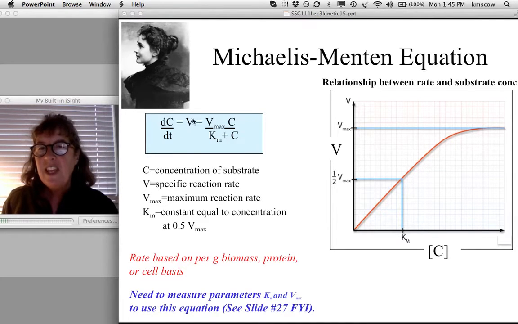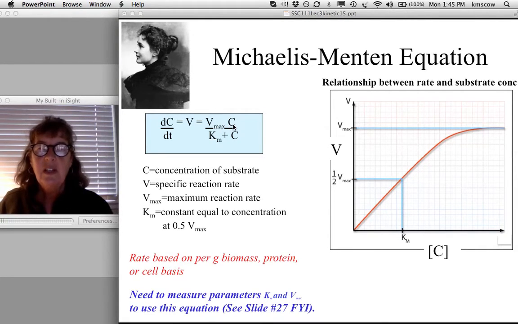So the V, which is the change in concentration with time, C being the concentration of the substrate, dC/dt equals V, equals Vmax, that maximum rate, times C, the concentration of the substrate, divided by Km, this parameter here, plus the concentration.